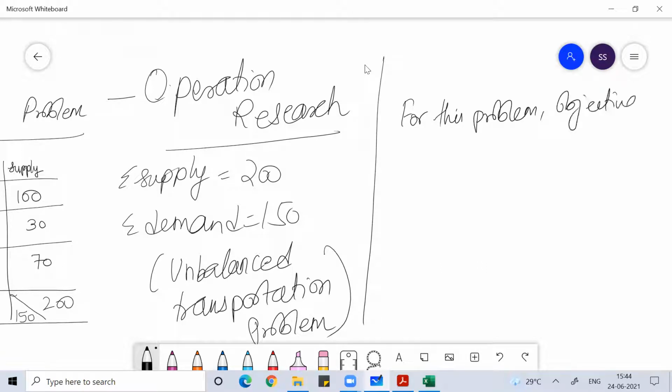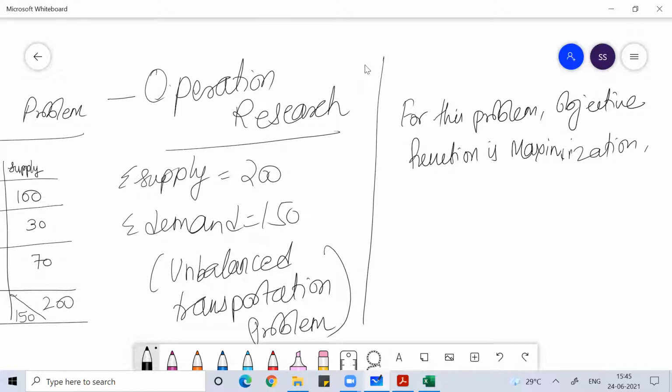The objective function is maximization, and the elements belong to the concept of maximization.